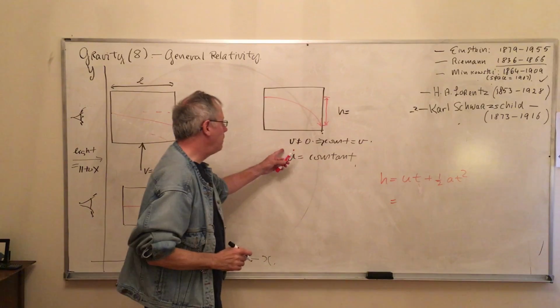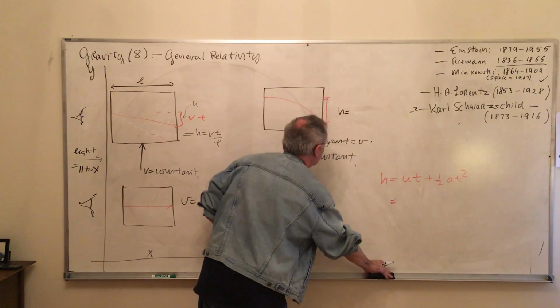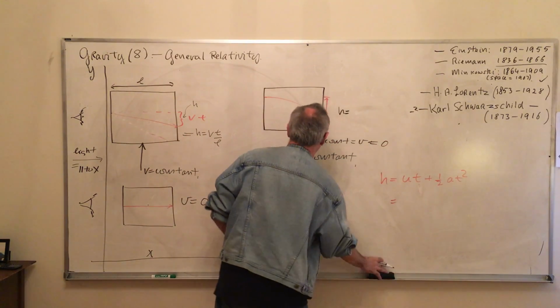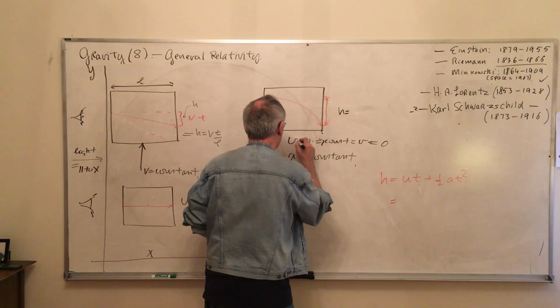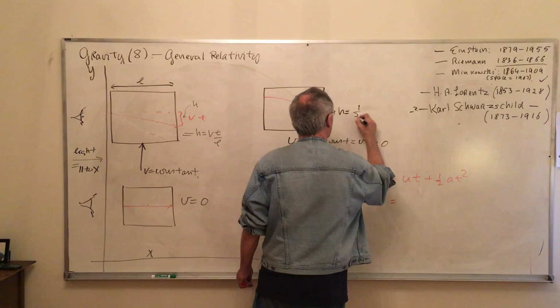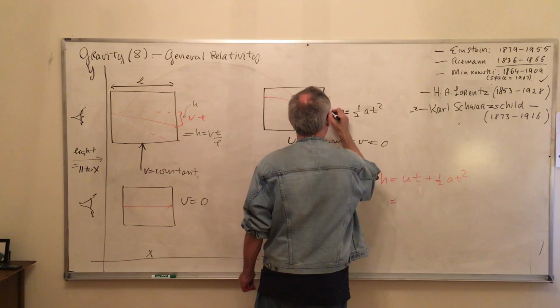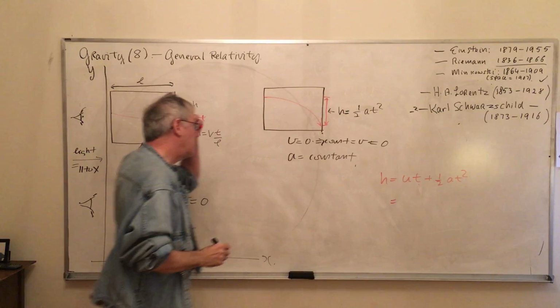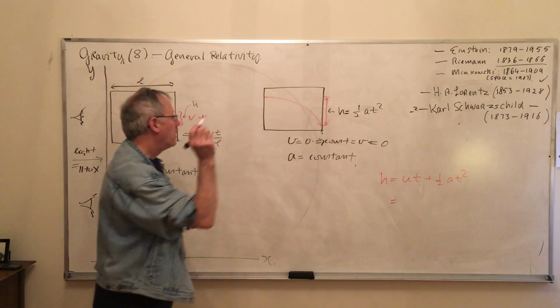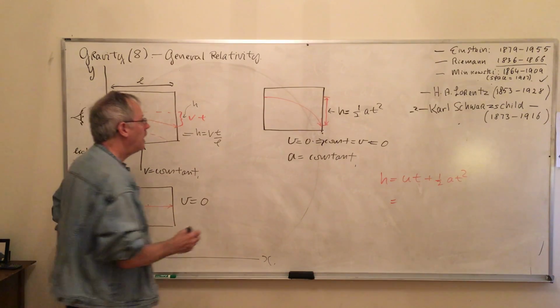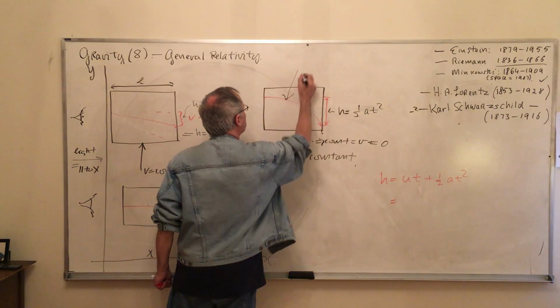Okay, we'll say v can be 0. So this height, the amount of distance that the beam has fallen, is a half a t squared, and its path is curved.